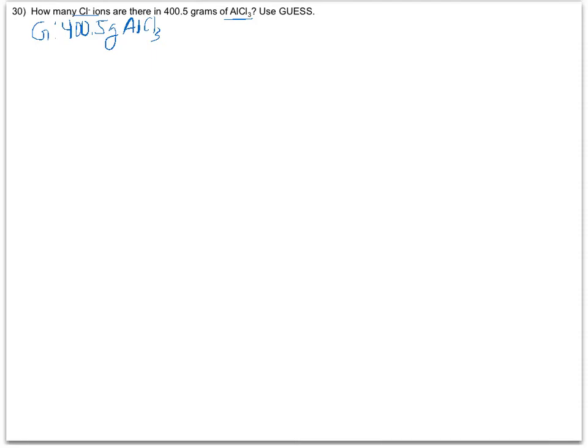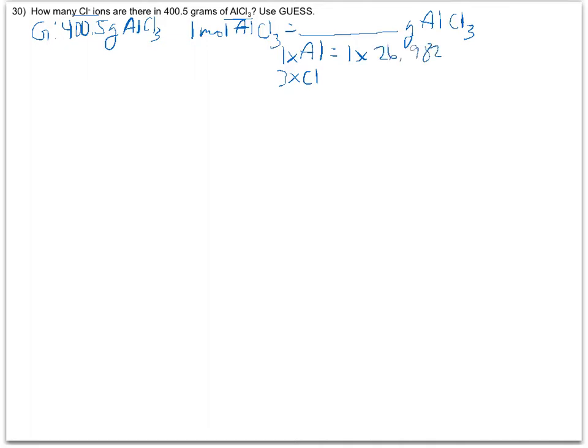So first of all, we have to get out of the mass or grams of aluminum chloride into moles of aluminum chloride, which means we have to do molar mass. And this one we have to actually calculate. We've got 1 aluminum and 3 chlorines. The mass of aluminum is 26.982.